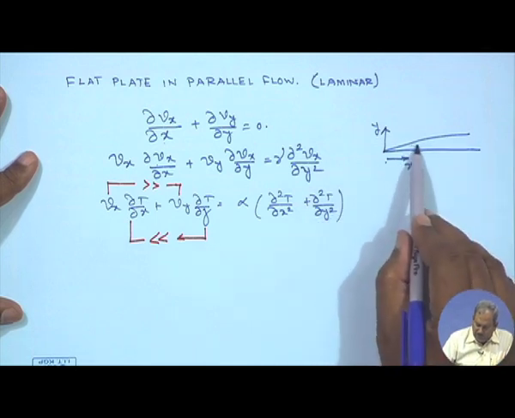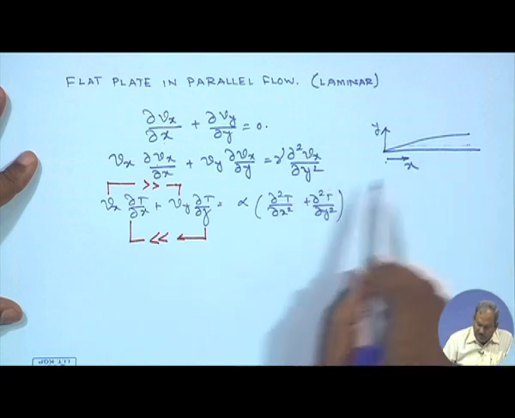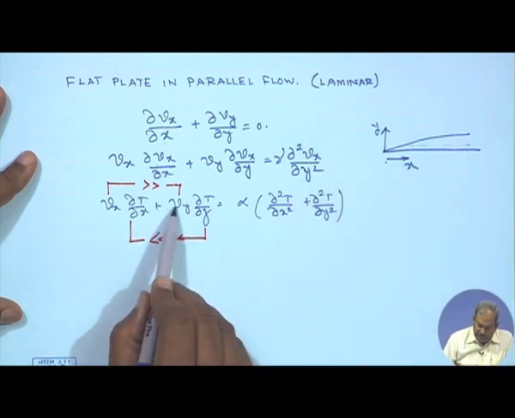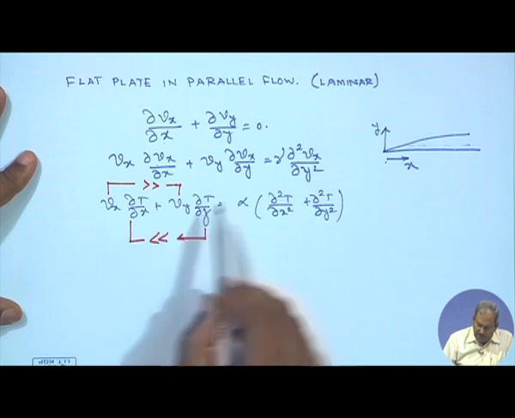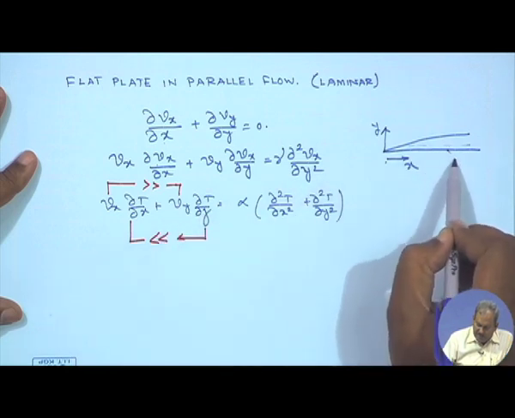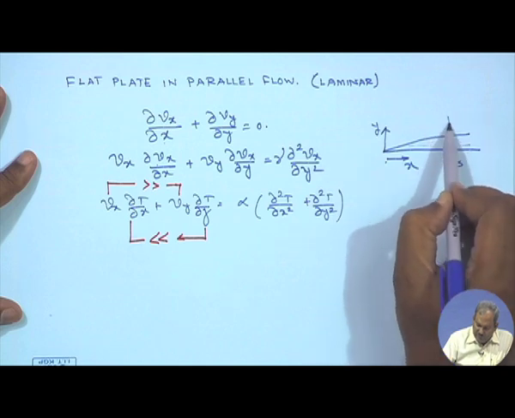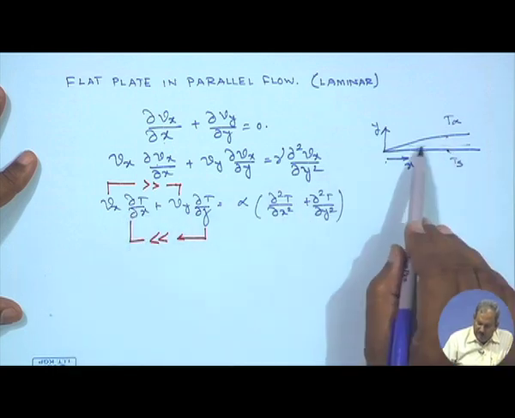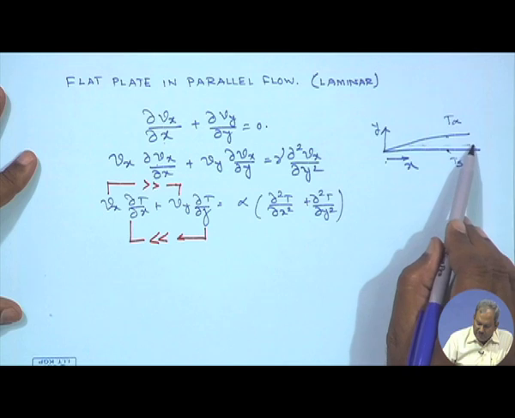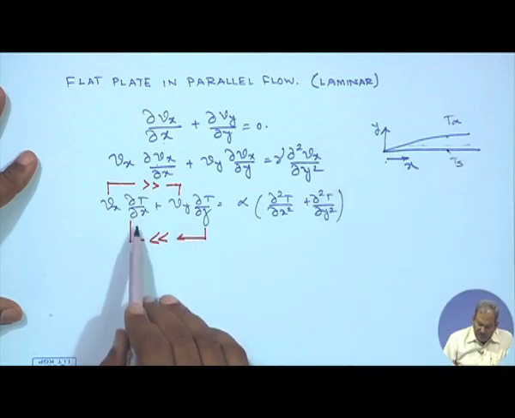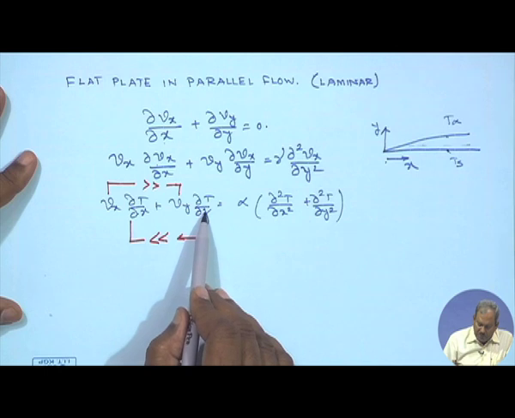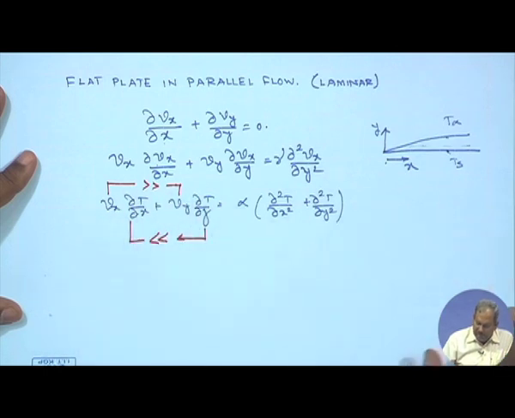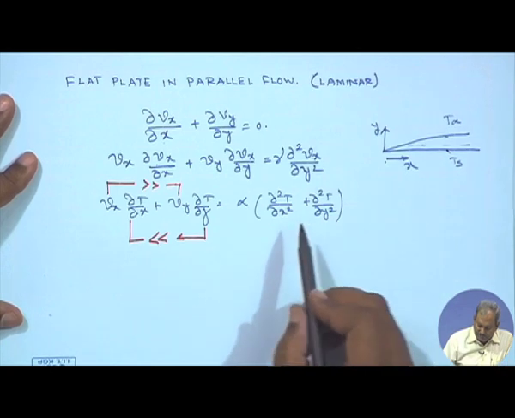There is going to be principally motion in the x direction, so Vx is large compared to Vy. However, the temperature changes from Ts to T infinity over a very small y. So, the temperature does not change that much in the x direction, and del T del x is going to be small compared to del T del y. So, none of the terms on the left hand side can be neglected.